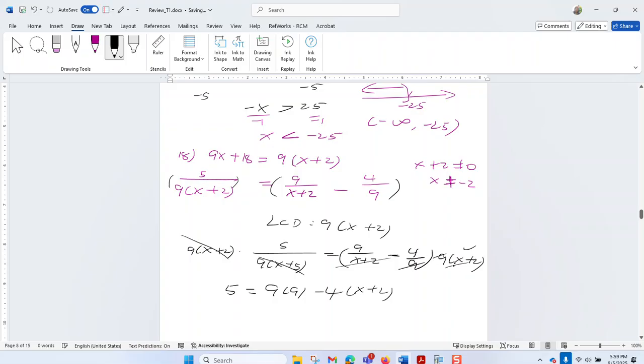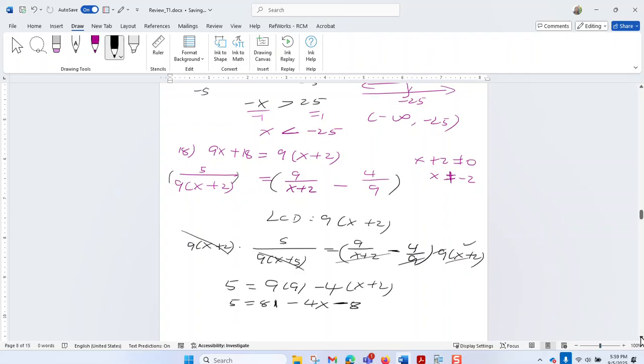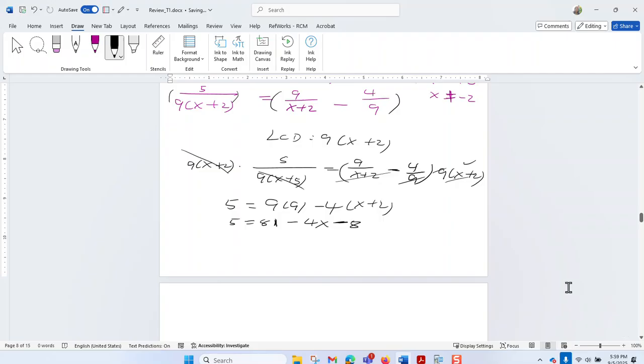Now we can go ahead and calculate. So this will be minus 4x minus 8, since negative 4 times 2 will be negative 8. We combine the like terms together. 81 minus 8, how much is it? 73, right?